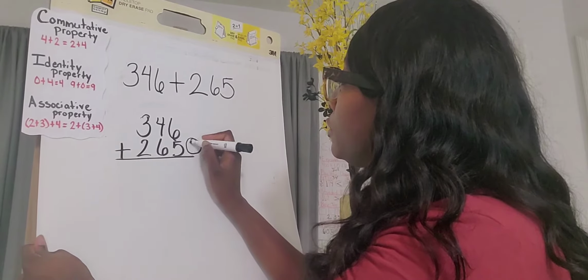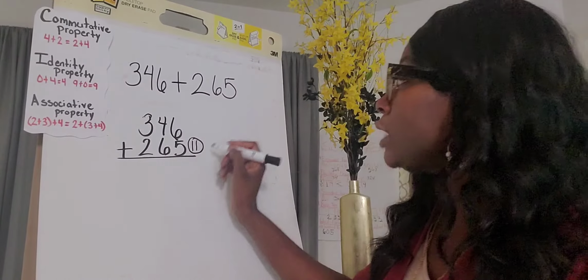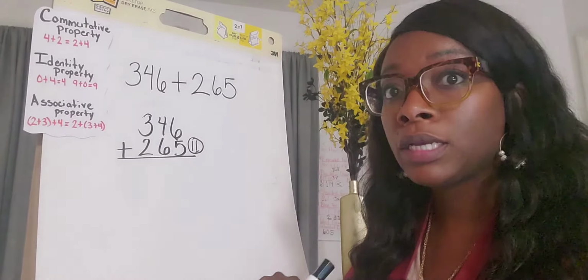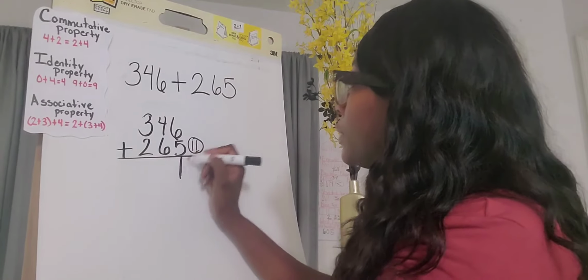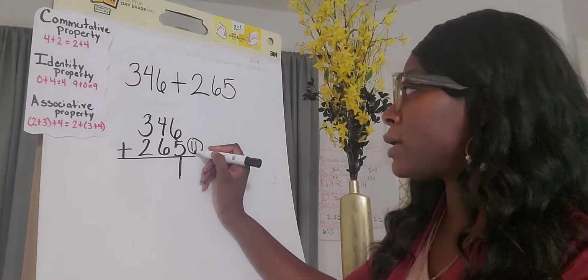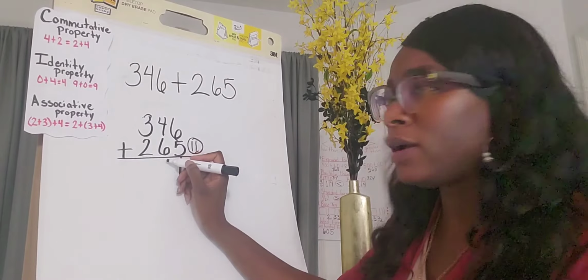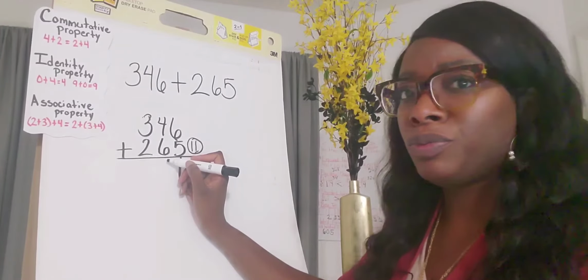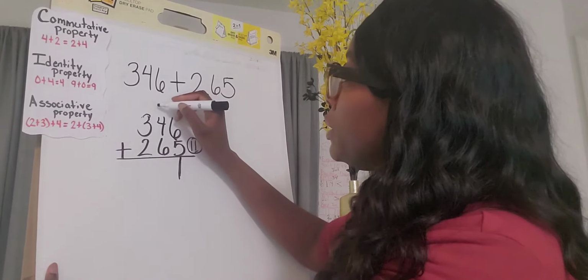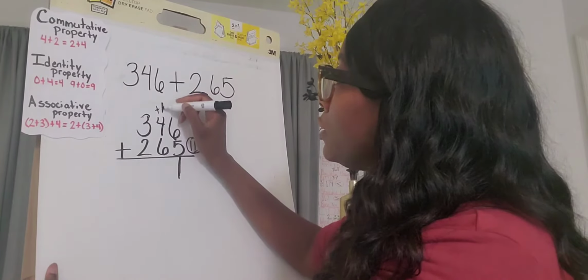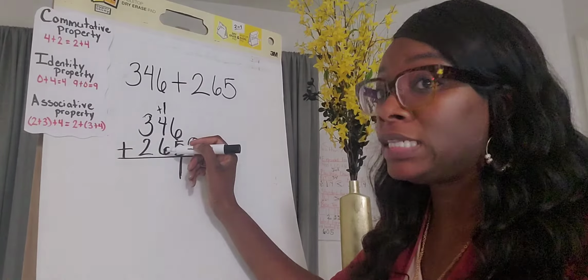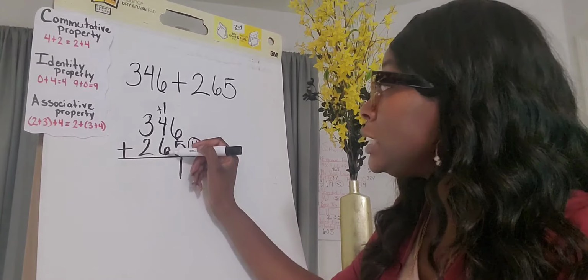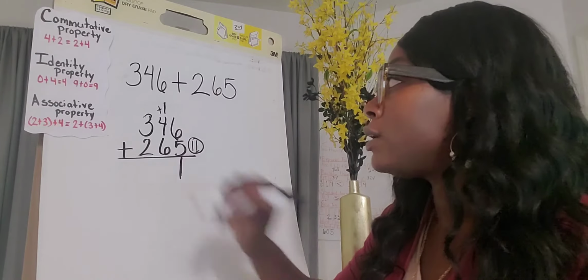I need Mr. Bubble. 11. That 1 that's in the ones place goes in the ones place underneath it. The 1 that's in the tens place, do I write it down here? No, that wouldn't be right. I write it up here. Plus 1. I'm adding that 1 to the tens place. So 4 plus 6 is 10. And then 10 plus 1 more is 11. Uh-oh.